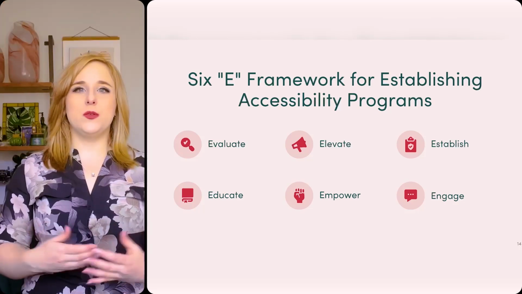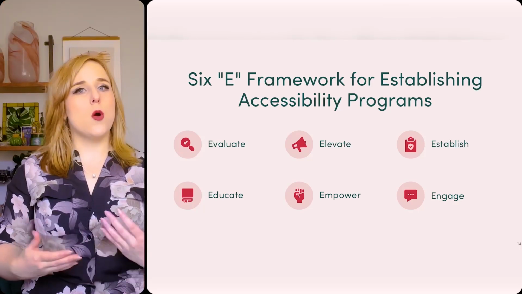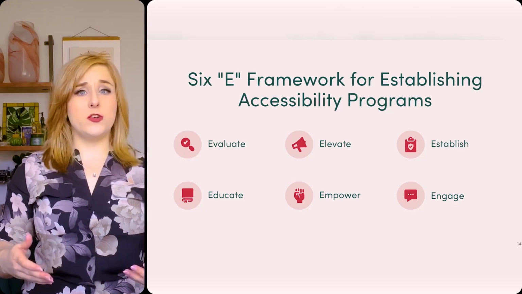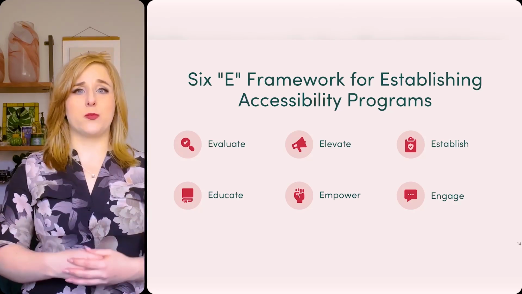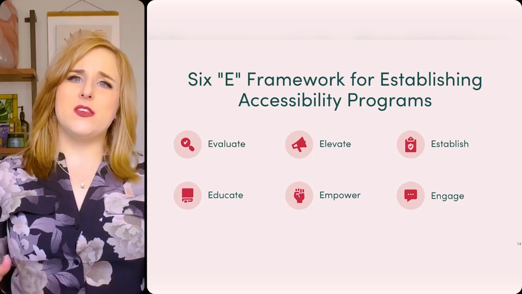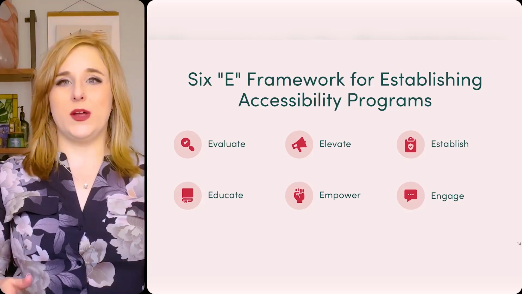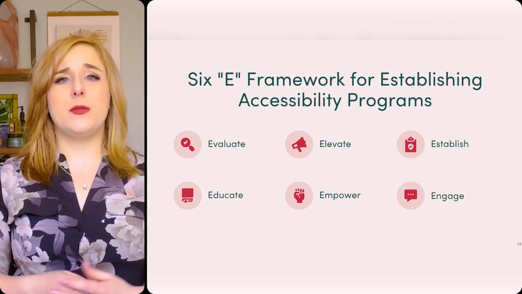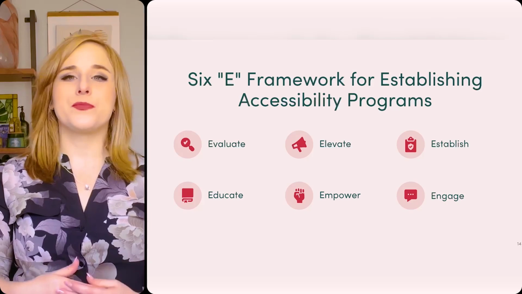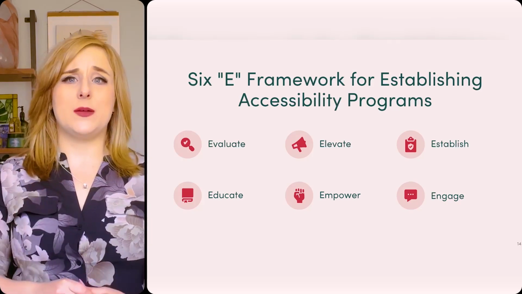I've primarily used this framework in organizations with lower accessibility maturity. An organization has low maturity when they do not have established programs or practices around accessibility and inclusive design. In this framework, we evaluate, elevate, establish, educate, empower, and engage. We'll discuss each of these 6 items at a high level.